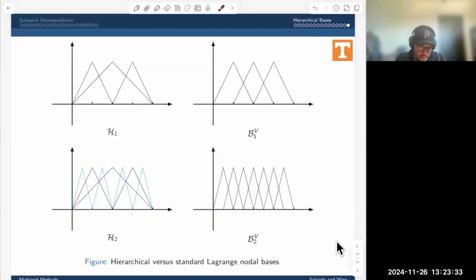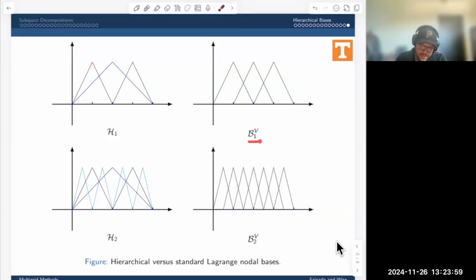Now, H1 is comprised of the basis at level 0 plus the basis for W, the union of the basis for W at level 1. So that's these three functions. Okay, so I get two narrow ones and one really wide function. So that gives me 1, 2, 3 degrees of freedom.